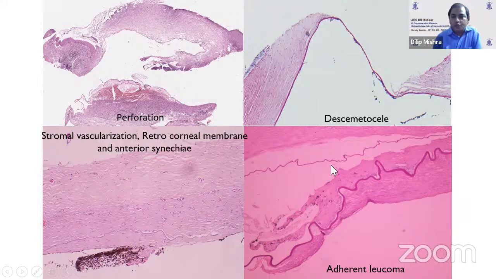You can see two folded membrane-like structures. The upper folded one is very thin, and this is the Descemet membrane, whereas the thick folded layer is the lens. The lens has fibrous metaplasia, and that condition is called adherent leukoma. When the posterior surface of the cornea shows anterior synechia and posterior synechia, then it is called adherent leukoma.